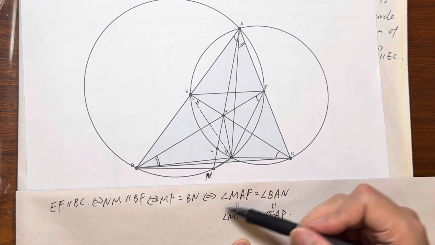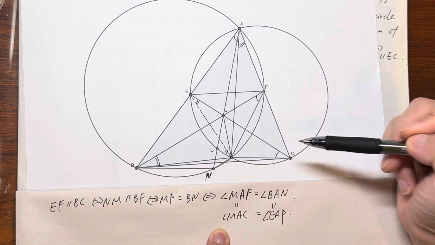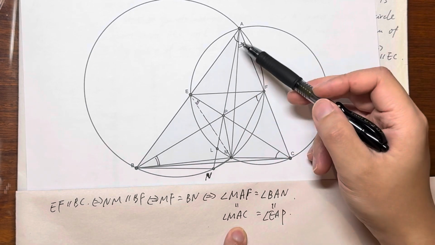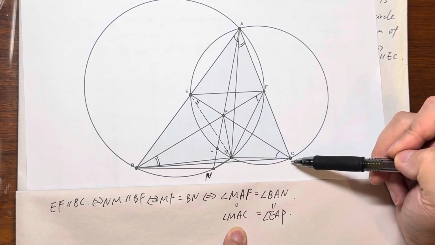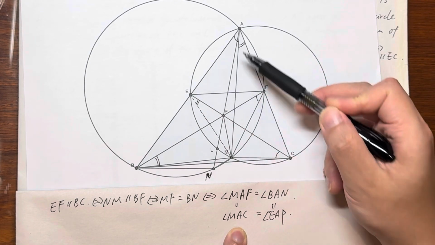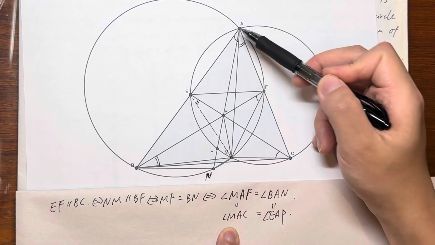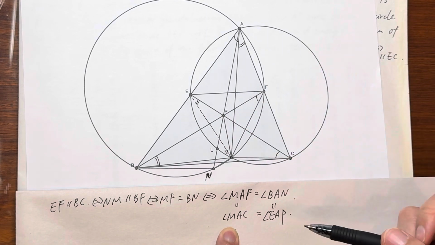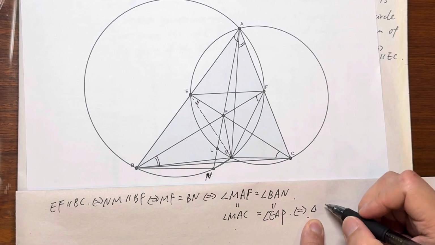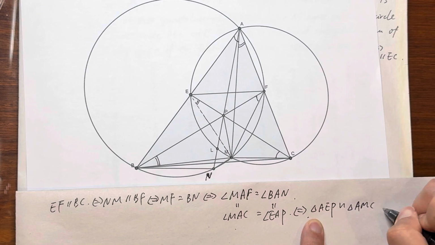So if this is valid, the triangle AEP and triangle AMC are similar. Using the condition we already know, that angle AEP equals angle AMC, we can prove that angle MAC equals angle EAP. So it equals proving that triangle AEP is similar to triangle AMC.